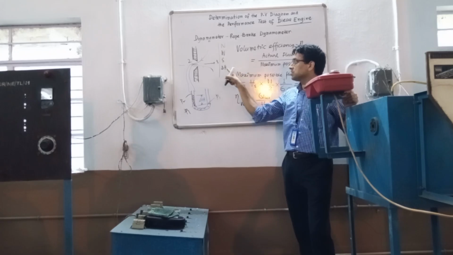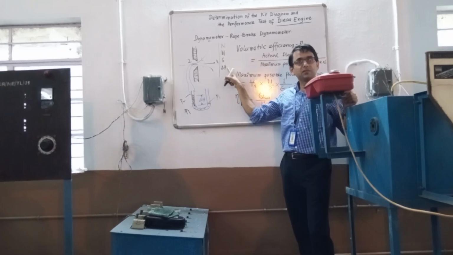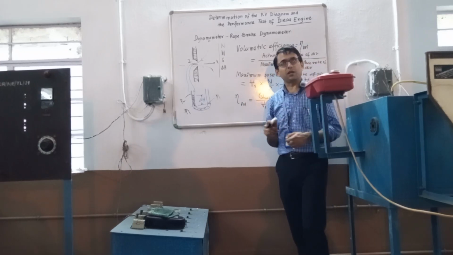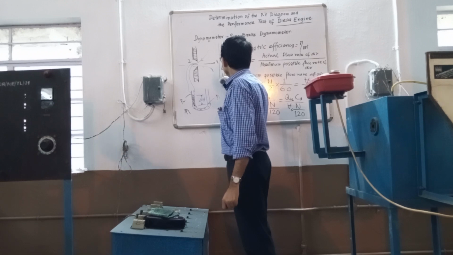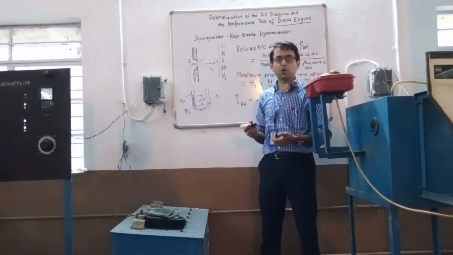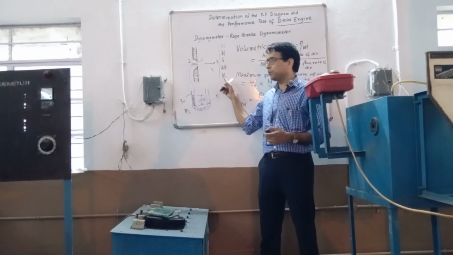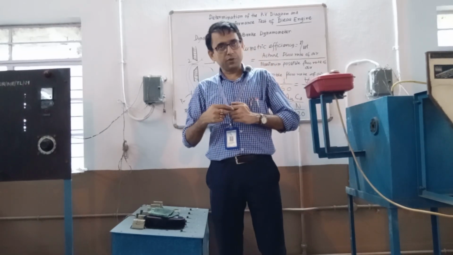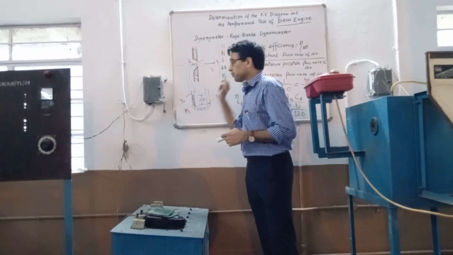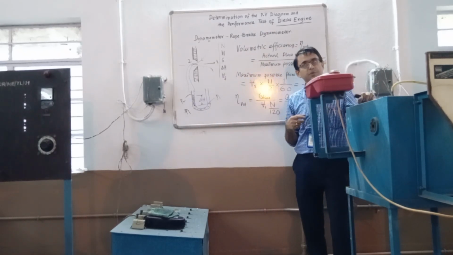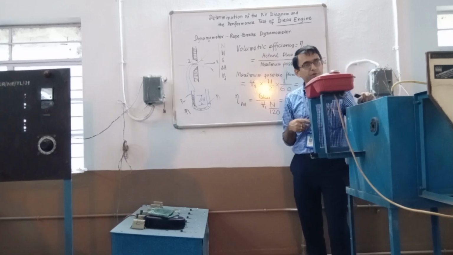This is also related to power. This is related to air flow rate. And another thing is related to the volume flow rate of fuel, that is VF, and time definitely by stopwatch. From that we will get the volume flow rate, and multiplying it with density we will get the mass flow rate, and that mass flow rate will be used in brake thermal efficiency, brake specific fuel consumption, then air fuel ratio, etc.